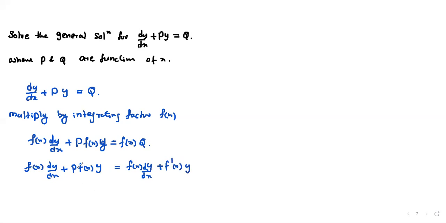According to this, this part is fine. Therefore p f(x) should be similar to f dash x. That is the fact we need to understand over here.